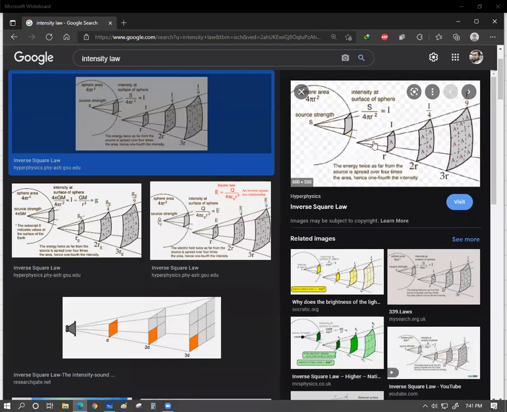Within this image, if we have a source of a certain power, in this case they say strength, let's say the power of this source is 100 watt, which means it is emitting 100 joule every second in a spherical direction out of its path.